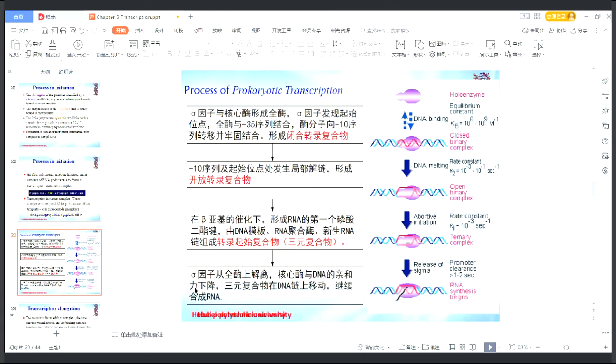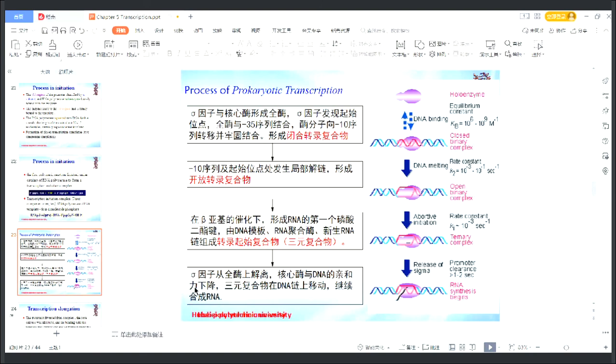Here you can see the first step: the sigma factor recognizes the negative 35 sequence and, as a subunit of the holoenzyme, bonds together and forms a complex closely bonded with the promoter, bonded with the template strand.